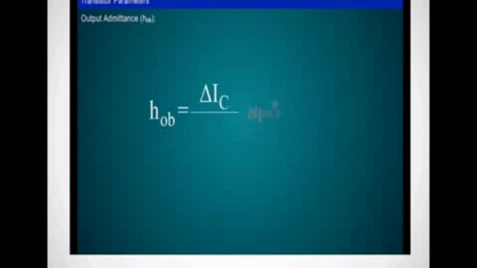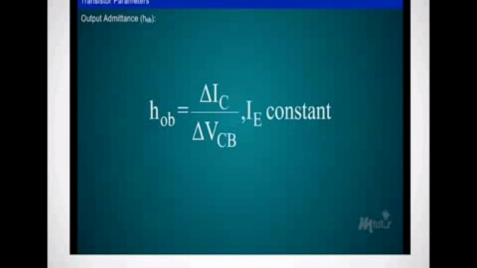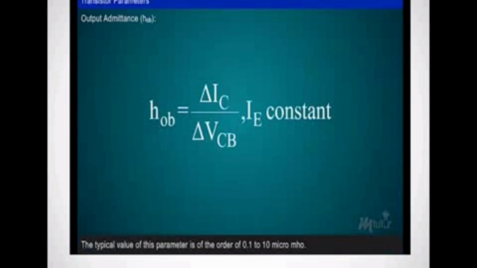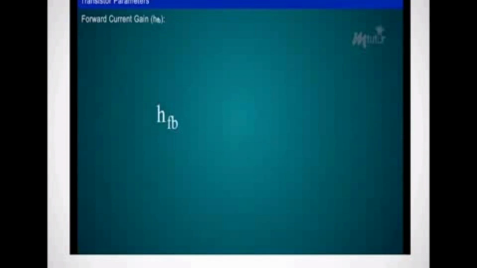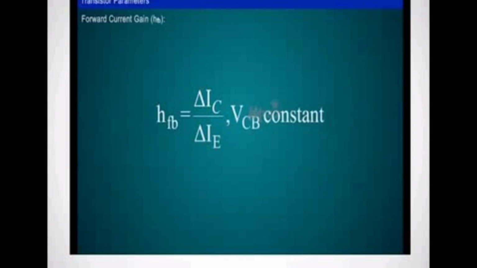So the output again is called current gain. The output current IC is the collector current, and IE is the input current.